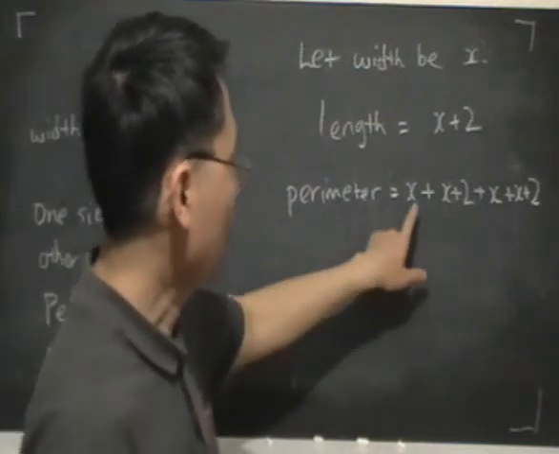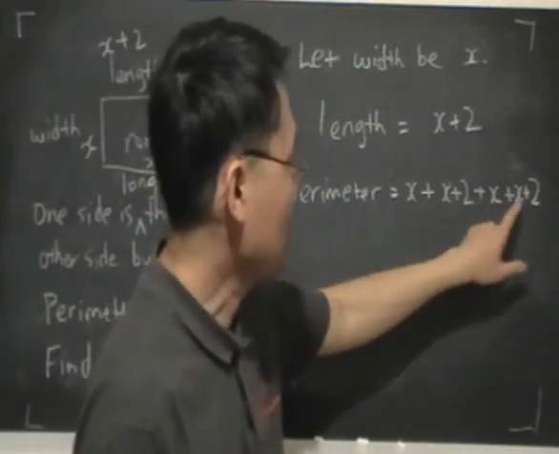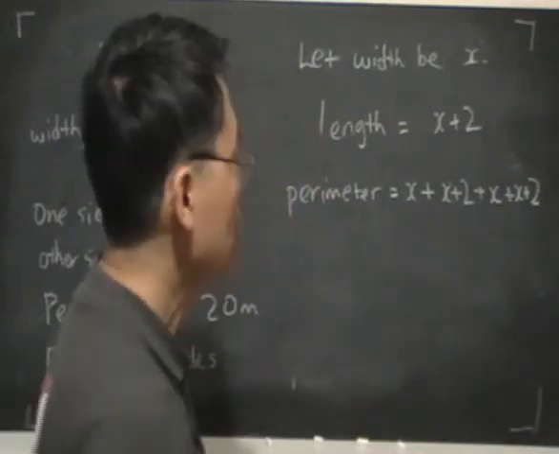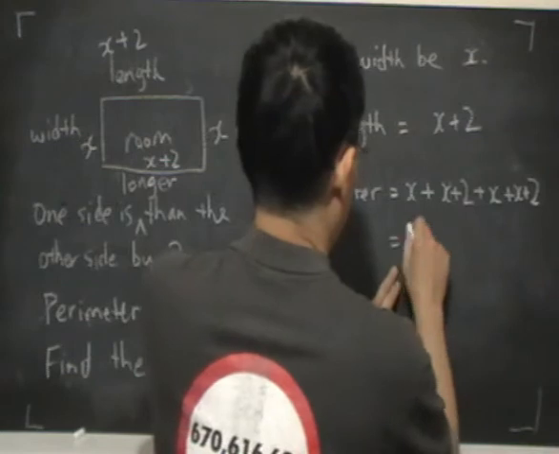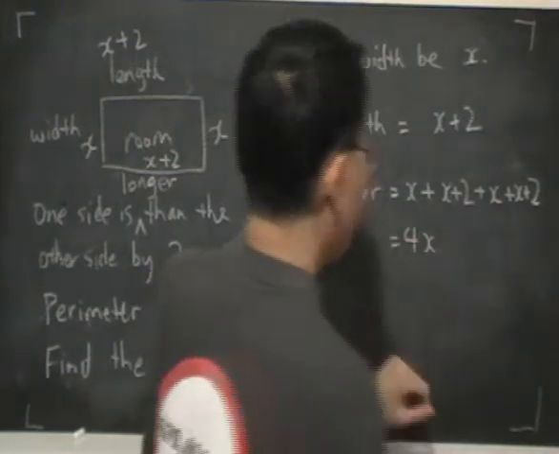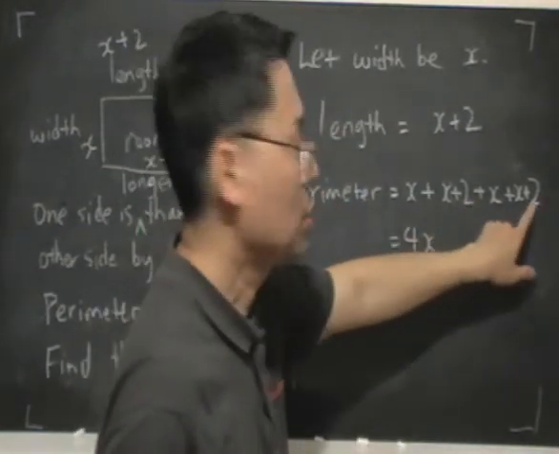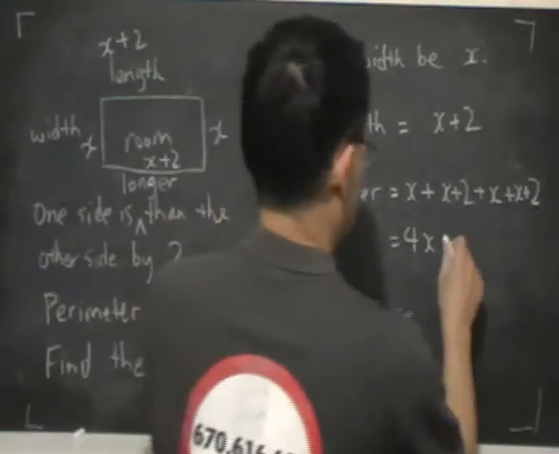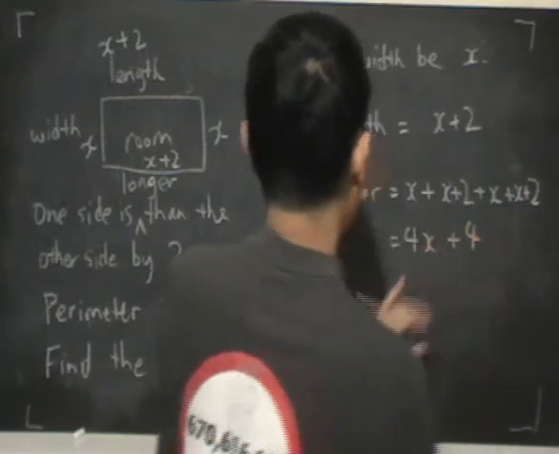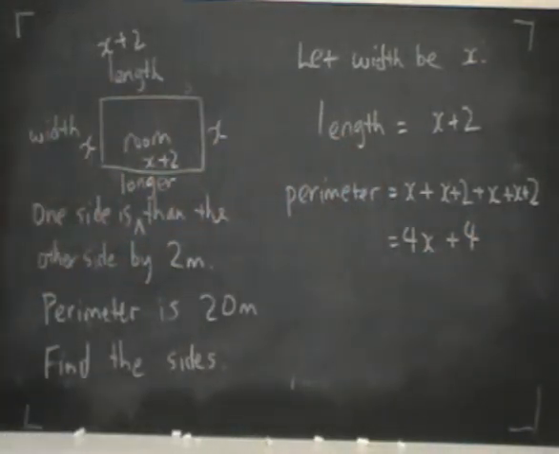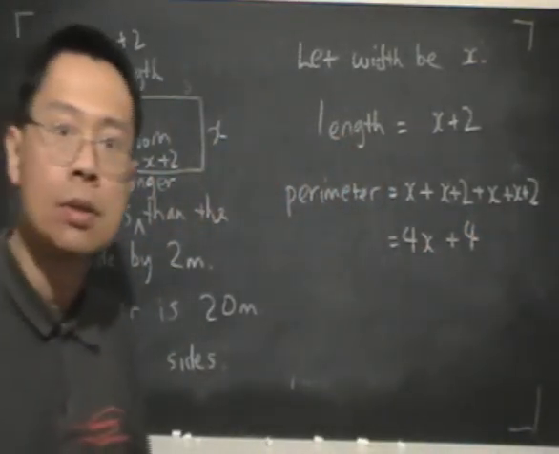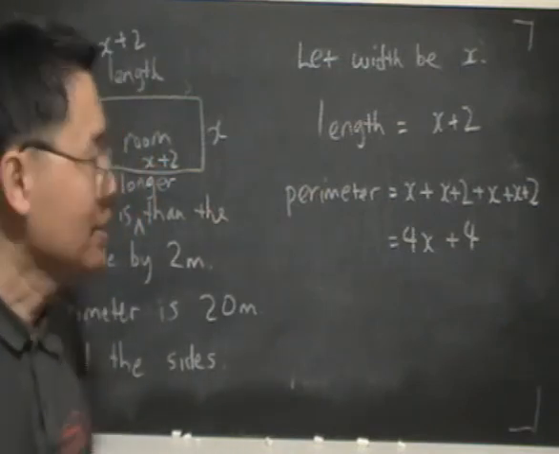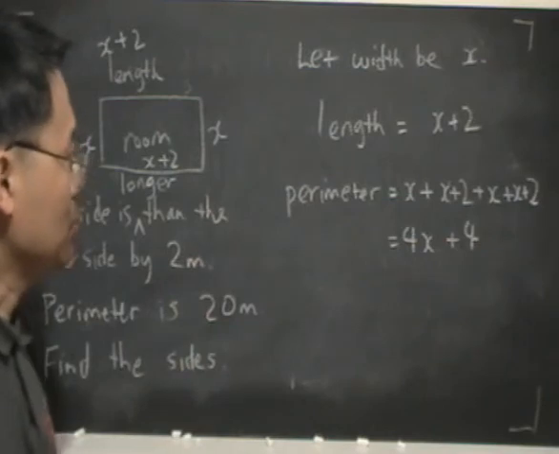Now you have x and x, so the x is added 4 times here, so that simplifies to 4x, and we have a 2 and a 2, so 2 plus 2 is 4. Okay, so that's the perimeter in terms of x.